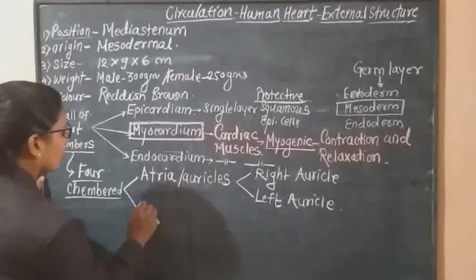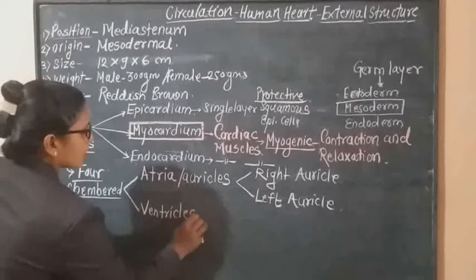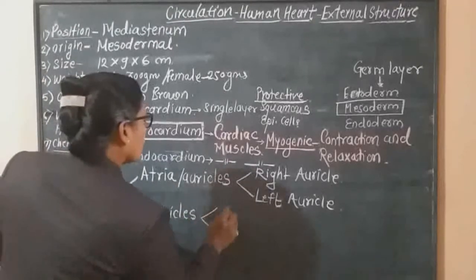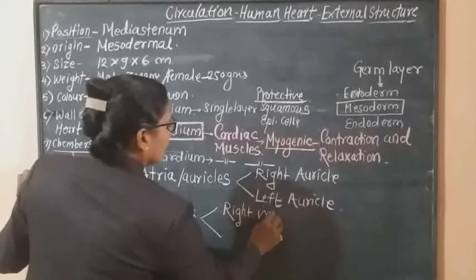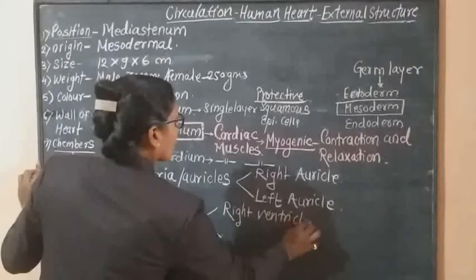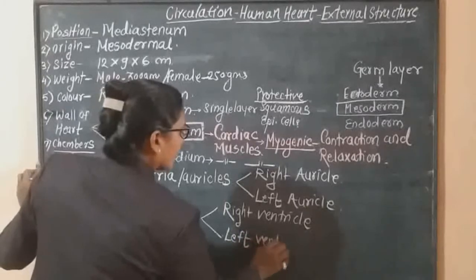Then the next two chambers are ventricles: the right ventricle and the left ventricle.